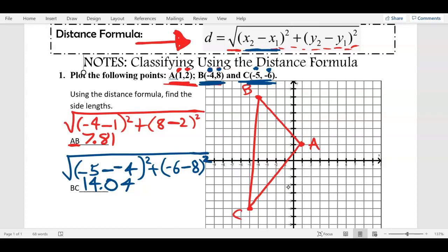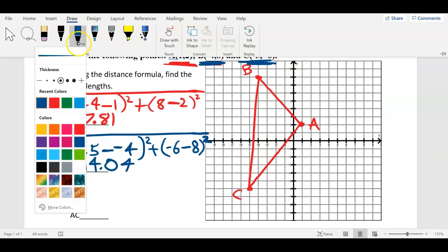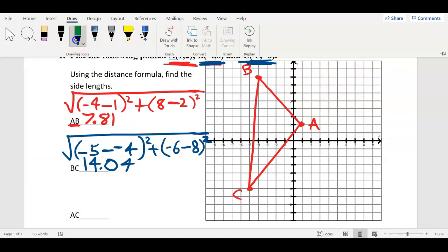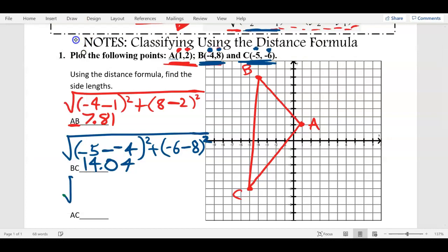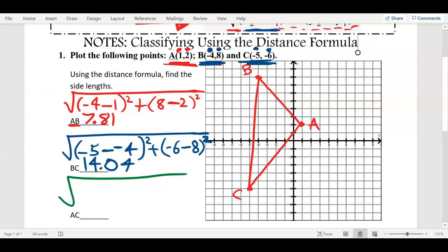Next one, AC. Let's use green. Okay. Big square root sign. And now I'm going to use A and C. So I'm going to do x2, -5, minus x1, +1.